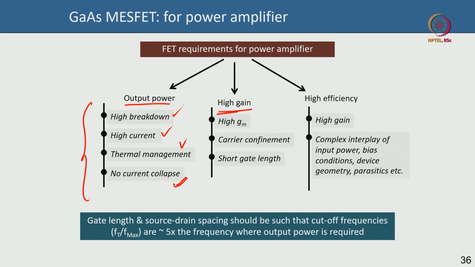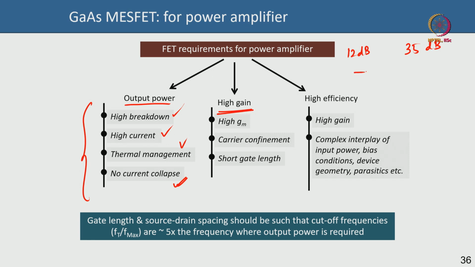High gain. For a power amplifier you need a good gain, because if your gain is terrible then you need to cascade many stages of devices to get gain. Your particular subsystem or front end module or some kind of circuit might need, suppose, 35 dB gain. Each transistor can give you, suppose, 12 dB gain.